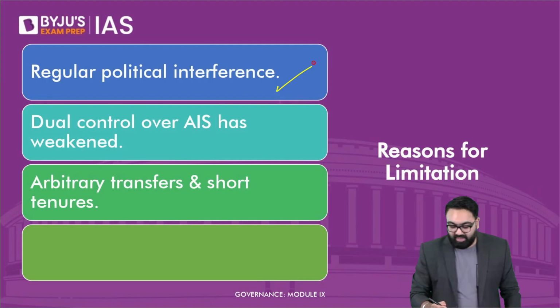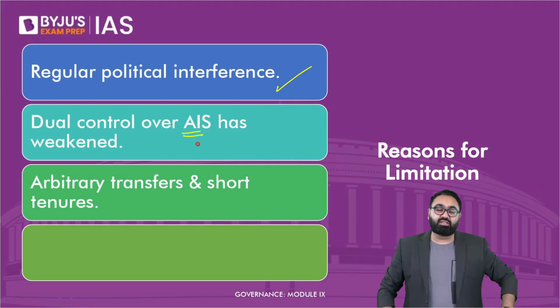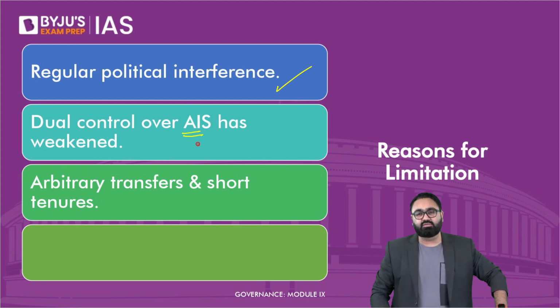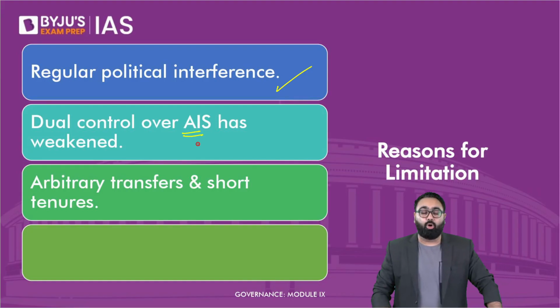The other problem is the All India Services issue. The All India Services officers, like the IAS officers, are under dual control of the Center and the states. Usually, when the states are run by the opposition party, the problem becomes even bigger.